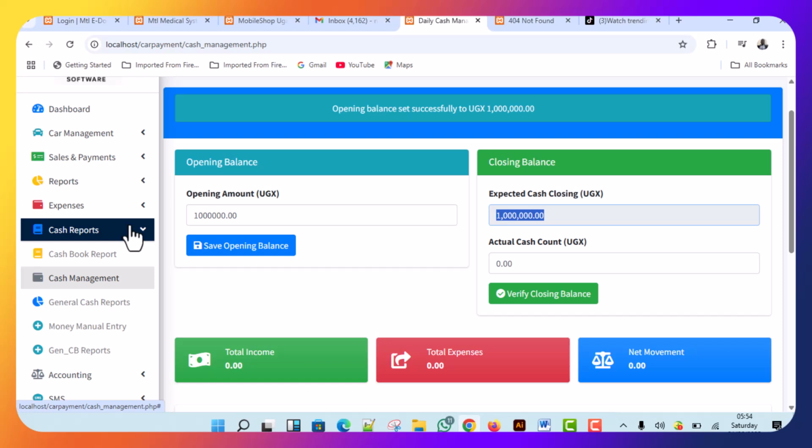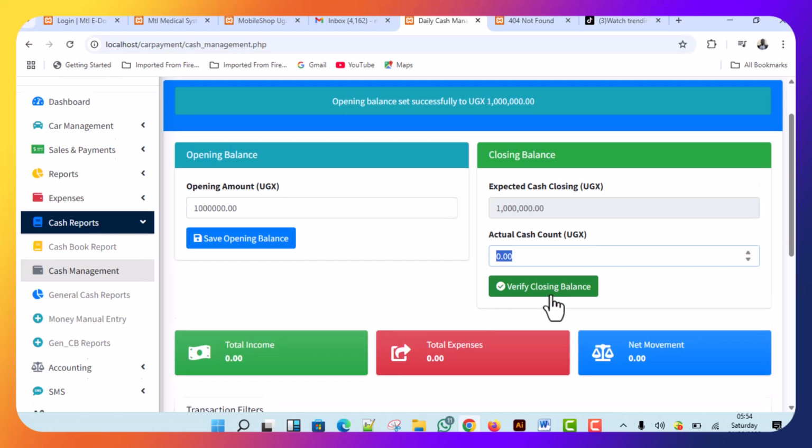Whatever transaction you are making, as long as money is coming in, this expected amount will be increasing. So at the end of the day, the system will show you the actual amount. You can compare what the system is telling you with what you have on the ground, and you verify using this.